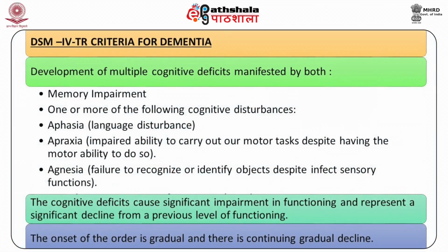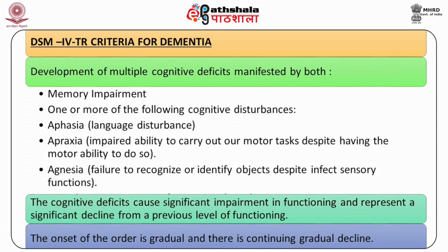Let us now know what is the DSM-4-TR criteria for dementia. The first point includes that the development of multiple cognitive deficits is manifested by both number 1, memory impairment, and number 2, one or more of the following cognitive disturbances. These disturbances are A. Aphasia, that is language disturbance.